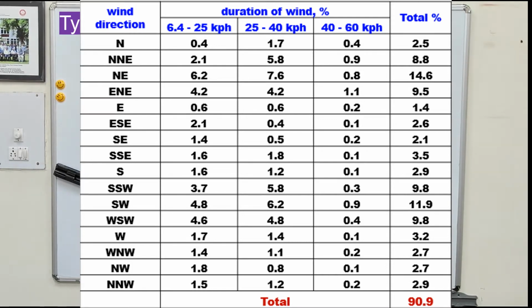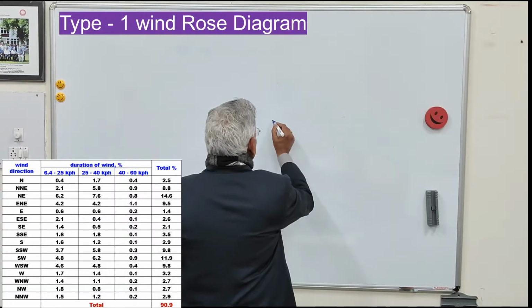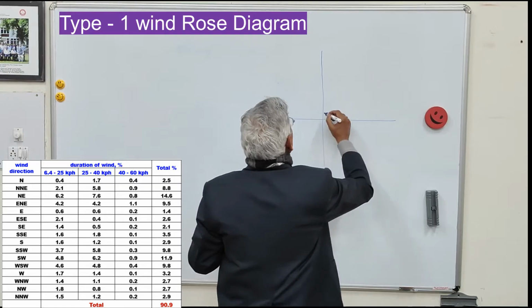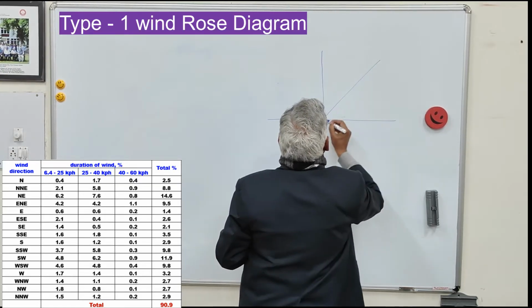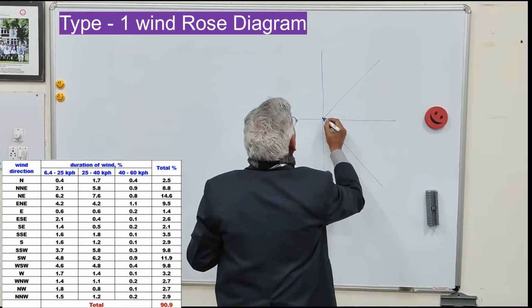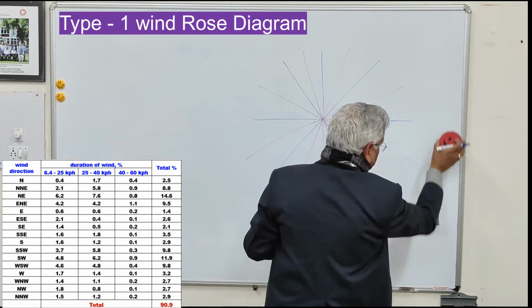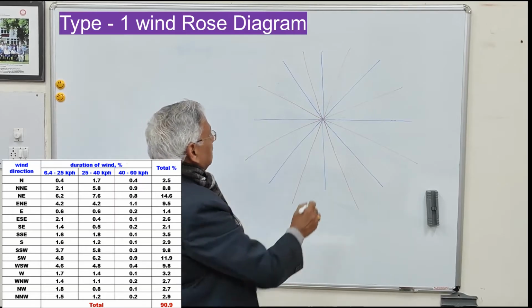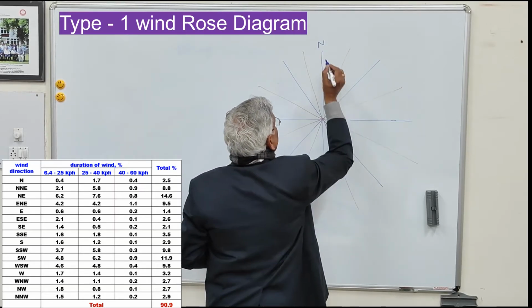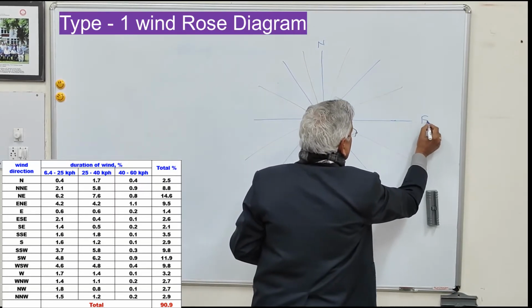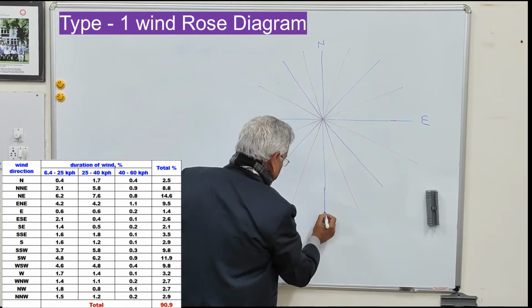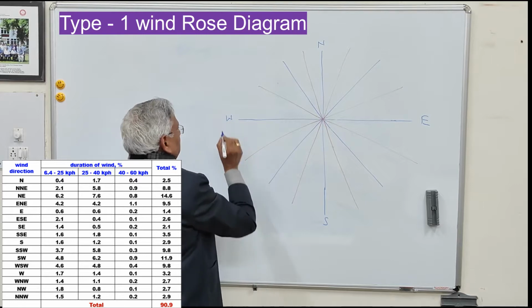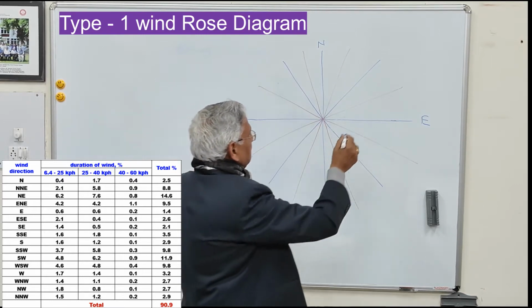Now here we consider 16 directions. This is north, east, south, and west. And this is northeast.